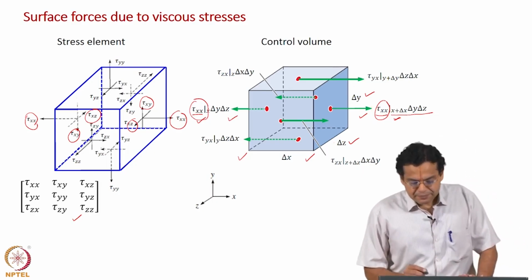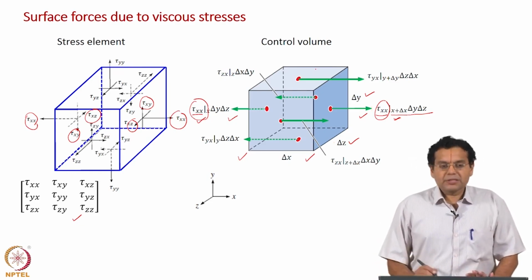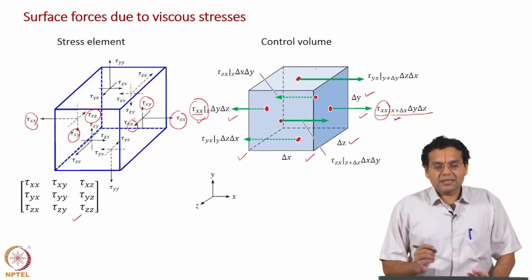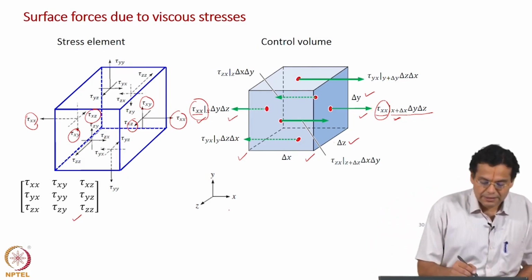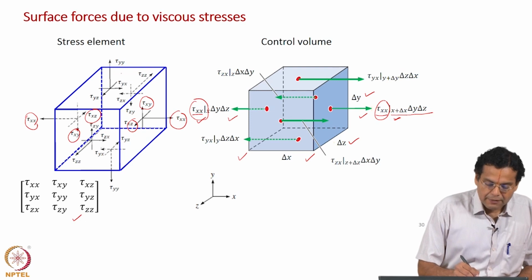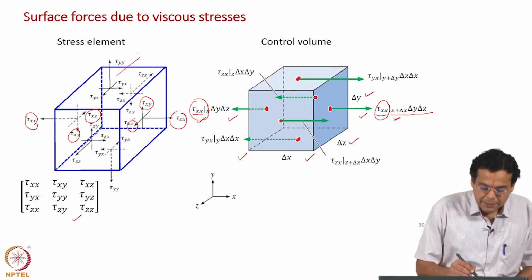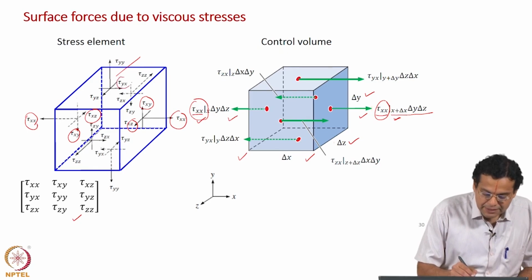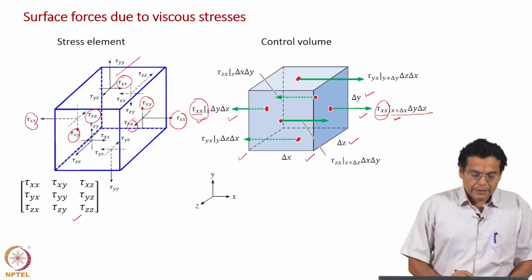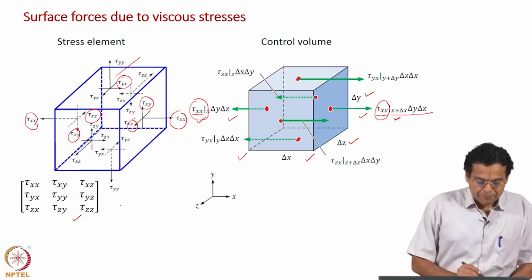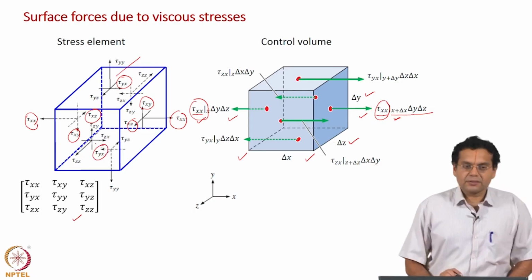For the top face, we are considering the viscous shear stress acting in the x direction. So, what have you considered? You have a stress vector here, the viscous stress vector, with 3 components. We are considering this shear stress component, and on the negative y face, we are considering this shear stress component.